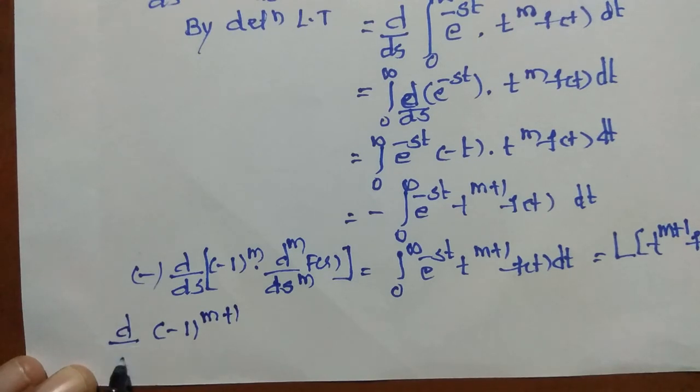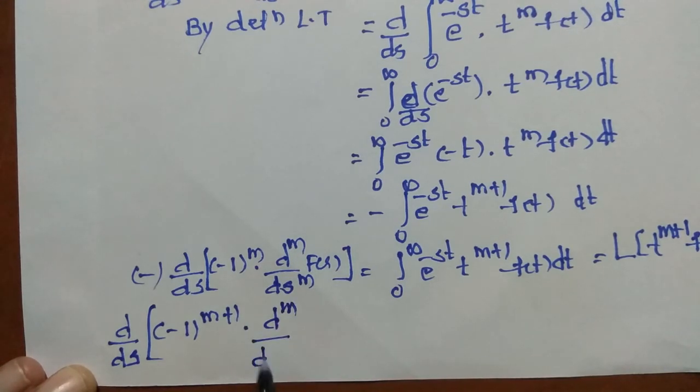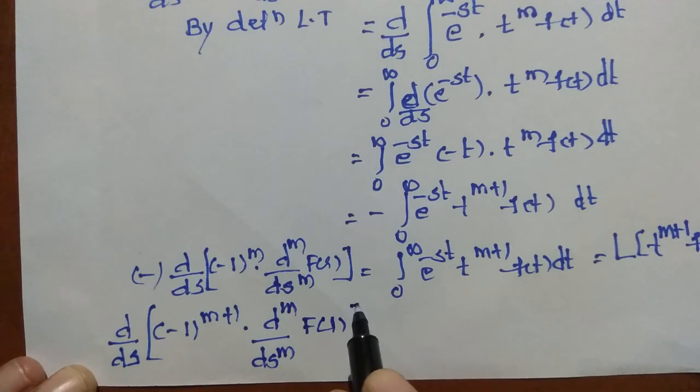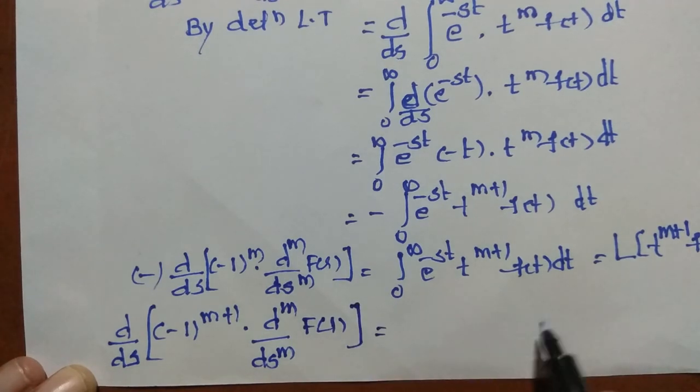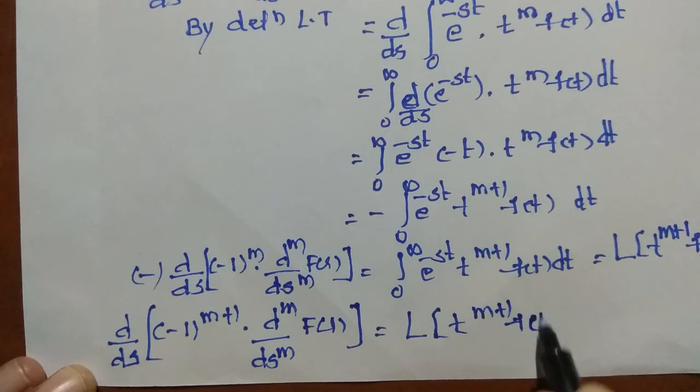So we write d by ds of the term, and this as the mth derivative of the function f of s is equal to Laplace of t raised to m plus 1 into f of t.